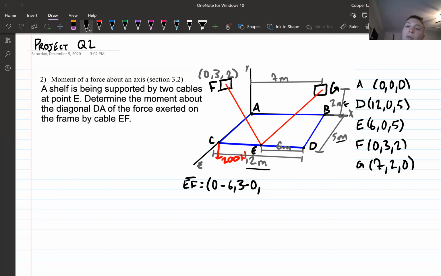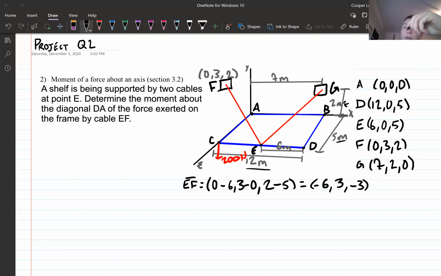Now we go on to the z-axis. Here, this is where I got a little confused. It's actually supposed to be 2, and I accidentally associated that with x. So I'm going to do my 2 minus my E value of 5. This equals negative 6, comma, 3, comma, negative 3.